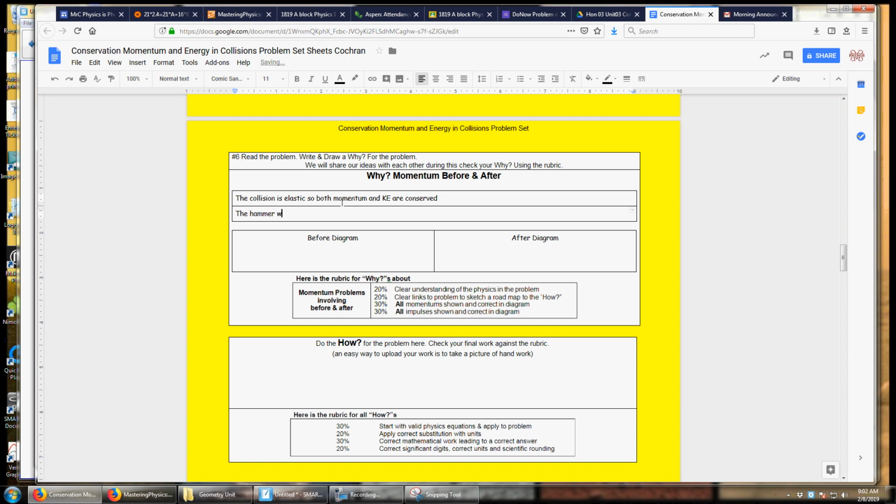The hammer will keep moving forward after hitting the rock, but move slower and slower than the rock. So I'm predicting the hammer's going to hit it, the rock will move off, and the hammer will keep going, but slower than the rock, and also slower than it had been going before it hit the rock. All right?